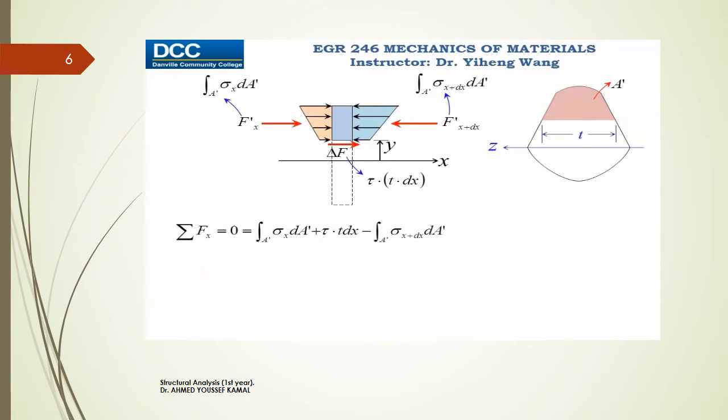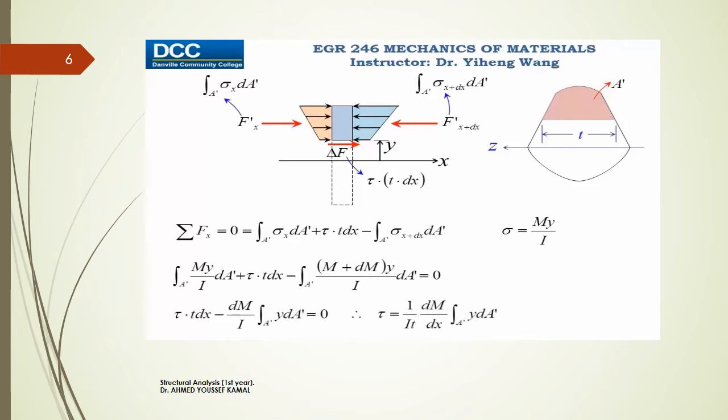Therefore, we can write the force equilibrium equation along the x direction for this top segment, and sigma, the normal stress caused by bending moment at any given position y, can be determined by this flexure formula. We substitute that in, and solving for tau, we get tau equals 1 over It times dM dx times the integration term.